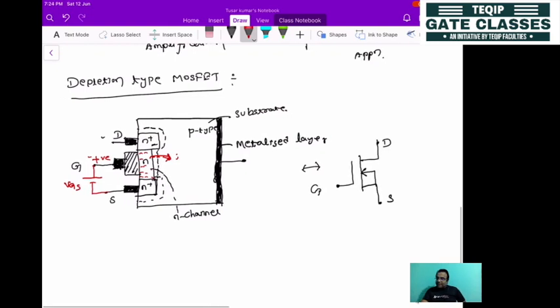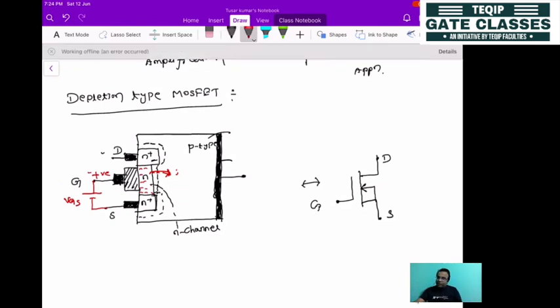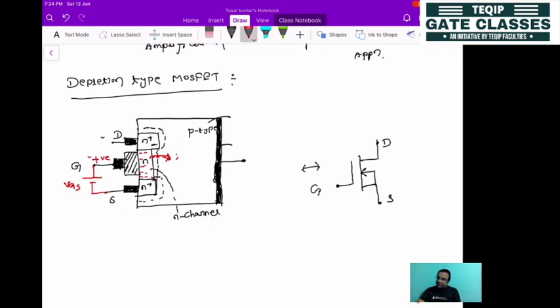You have to apply another voltage between the drain and source. The drain is also connected to N plus type material, and this N plus type material is highly doped, so it contains a large number of electrons.